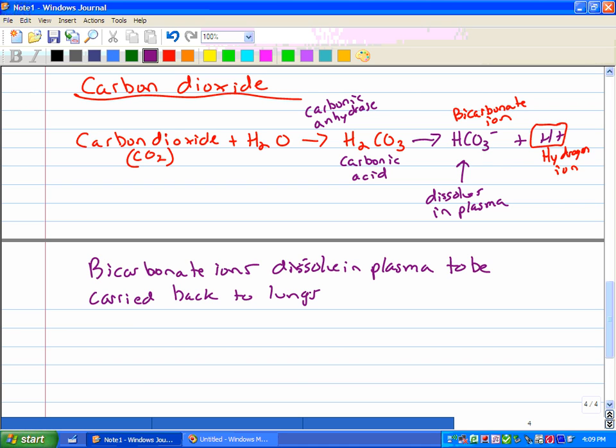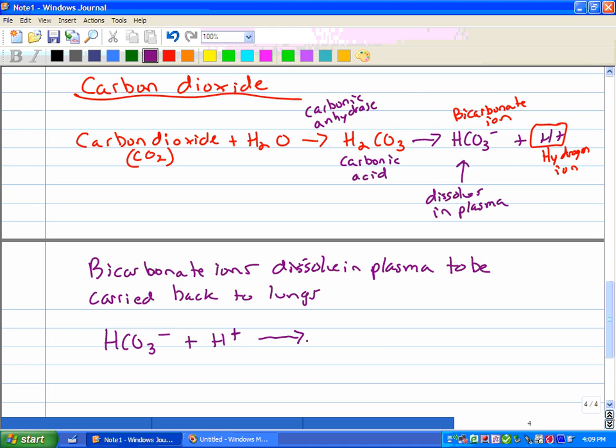Once it gets back to the lungs, now we have all of this HCO3 minus, and we have H pluses that will be around because of the pH of our blood. There'll still be some H's. What happens when it gets back to the lungs?